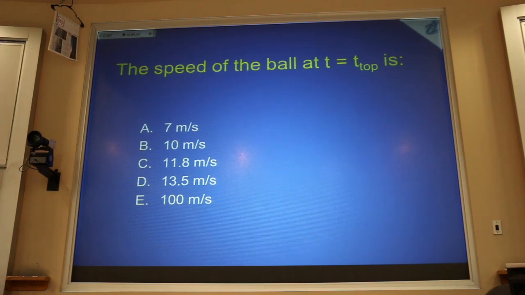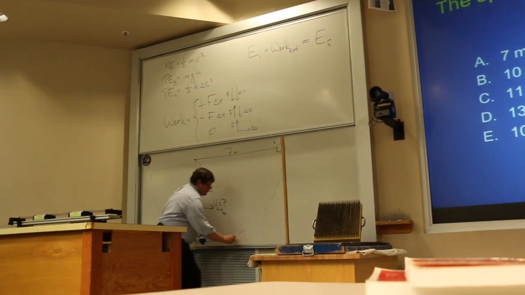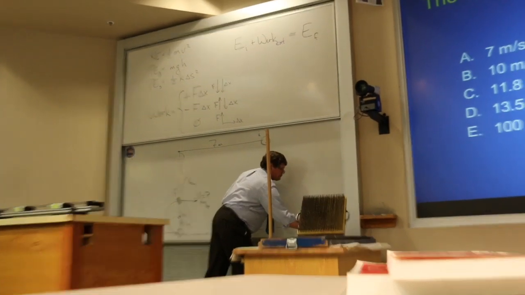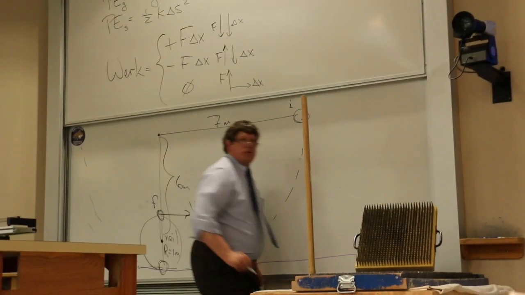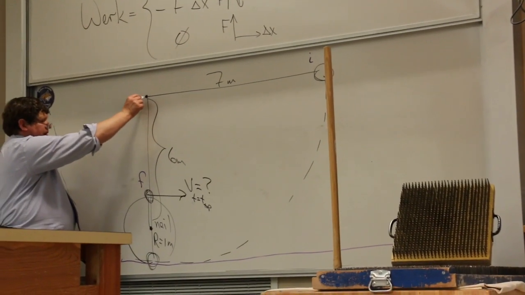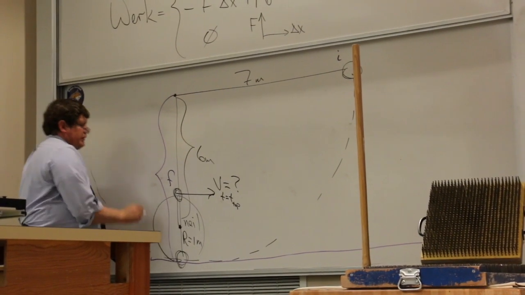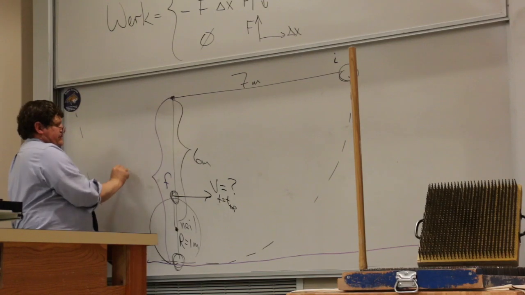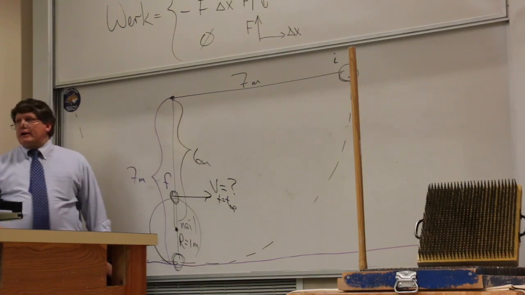I'm going to call this my initial state. I'm going to call this my final state. And I'm going to call my zero of height the lowest point that the ball ever gets. And that lowest point is going to be 7 meters below this pivot. Does that make sense?